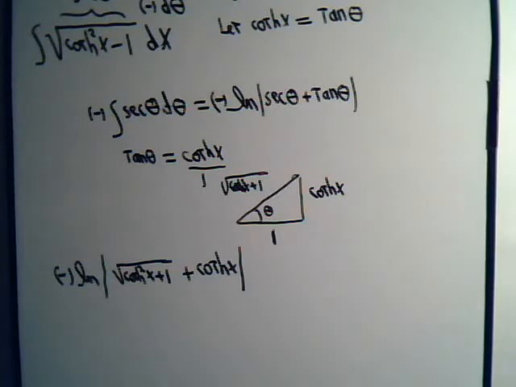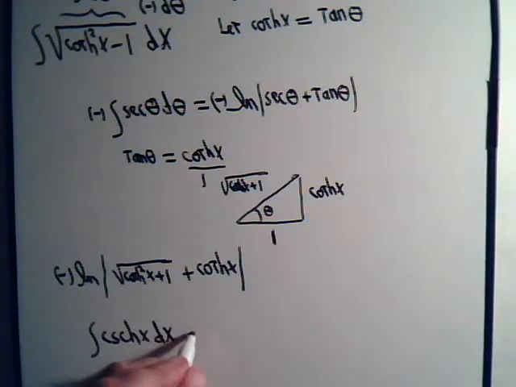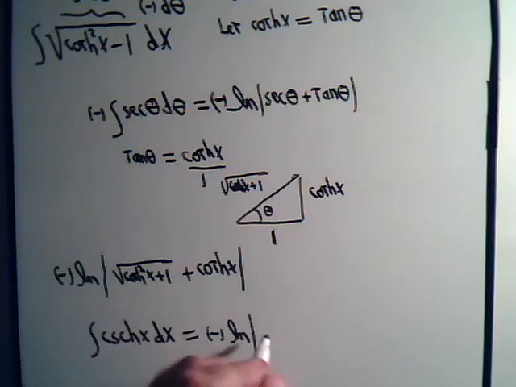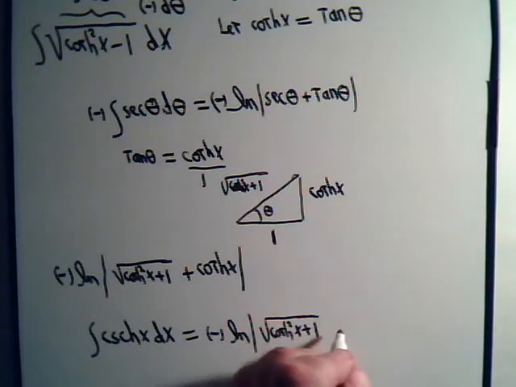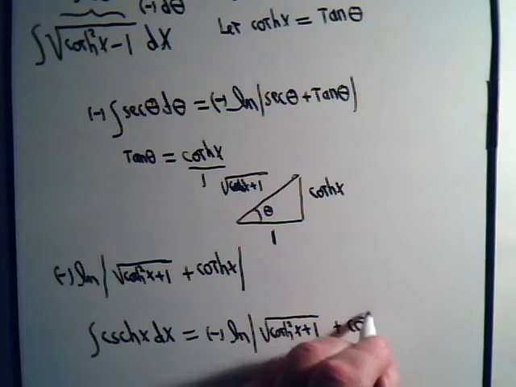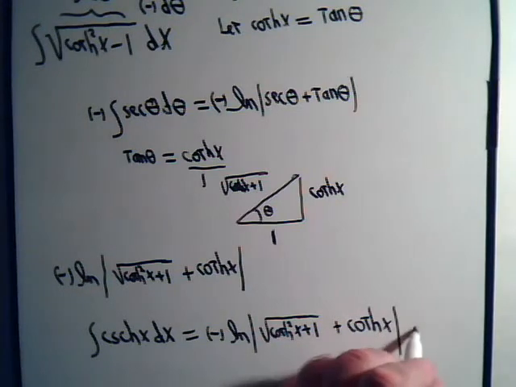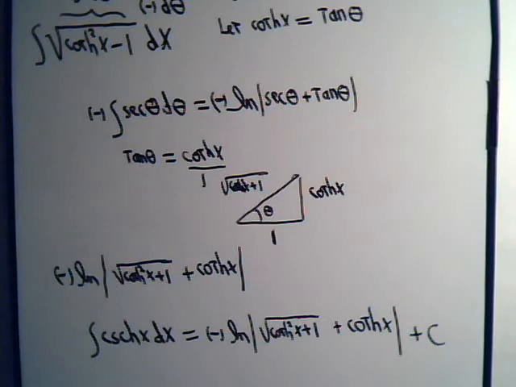So now what we're saying is that the integral of the hyperbolic cosecant of x dx equals minus the natural log of the square root of the hyperbolic cotangent squared of x plus 1 plus the hyperbolic cotangent of x plus an arbitrary constant.